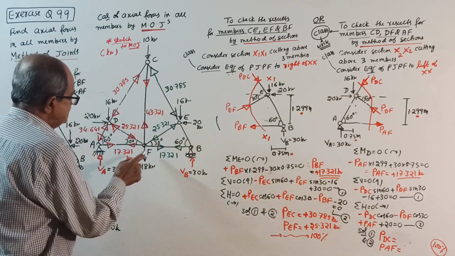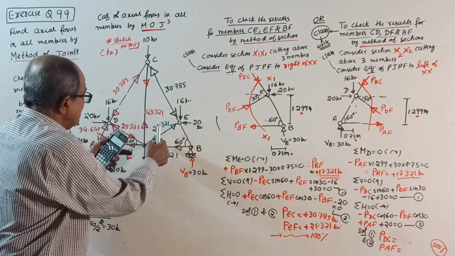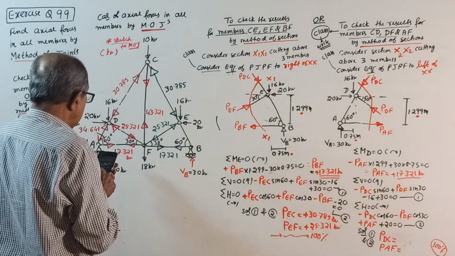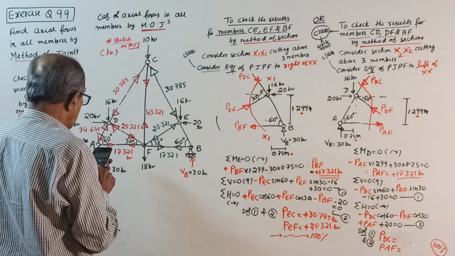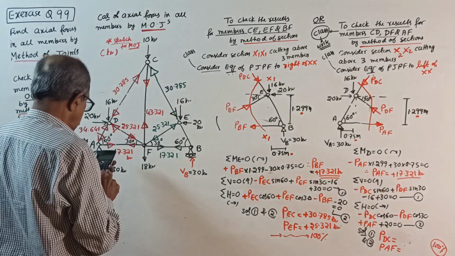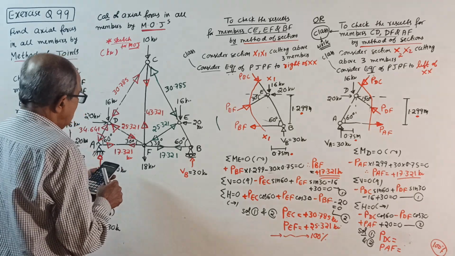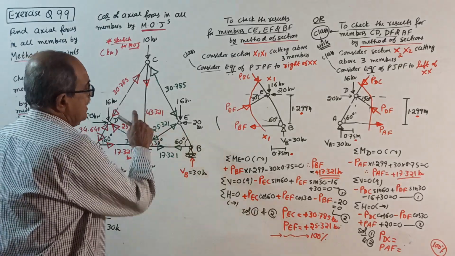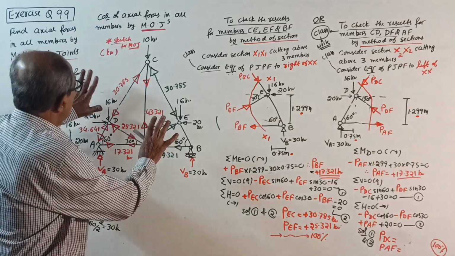Now, at this joint, horizontal equilibrium is naturally maintained. But vertical equilibrium, I will check now. 25.321 into sine 30. What is this one? Sine 30 into 2. That is 25.321. Then plus another 18 is 40. Oh, perfectly correct. 43.321. Now, answer perfectly over.